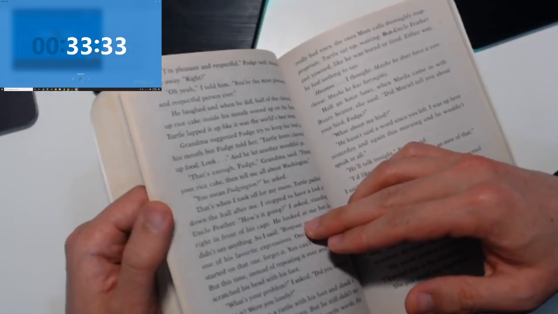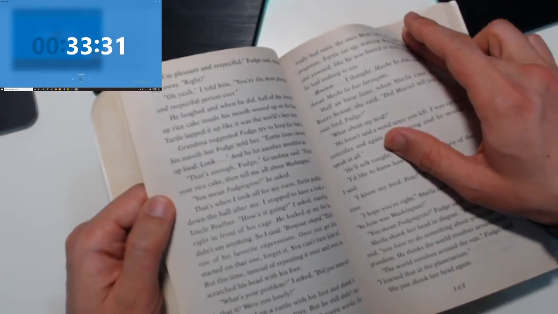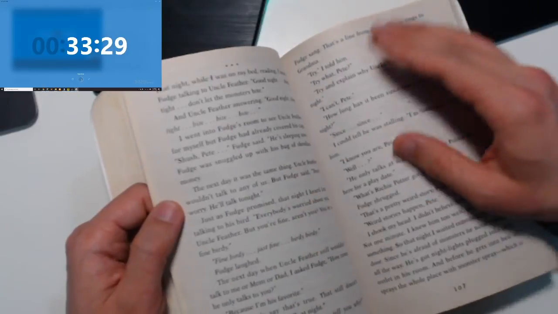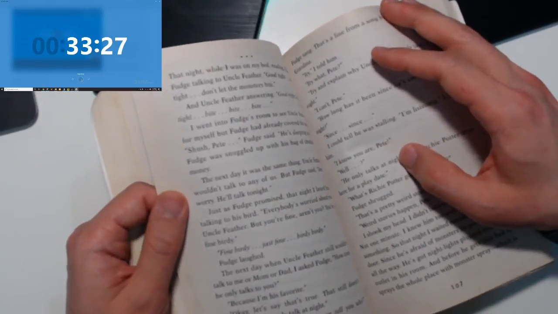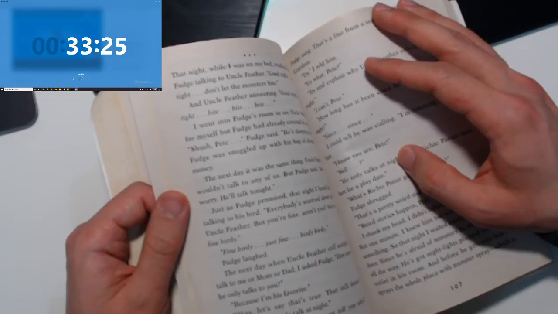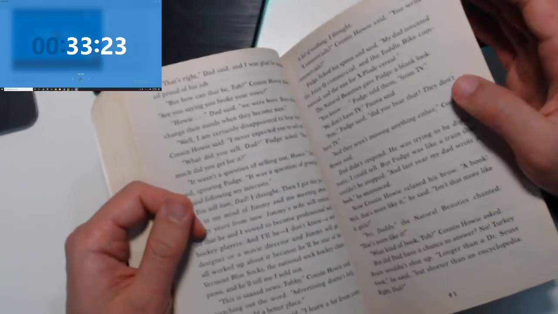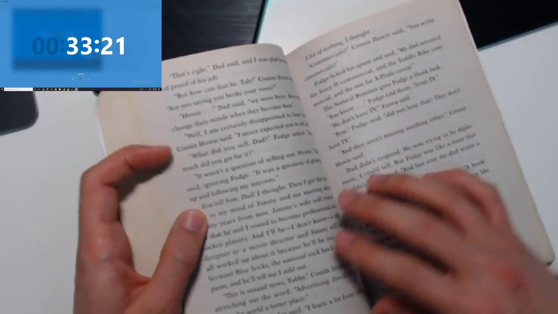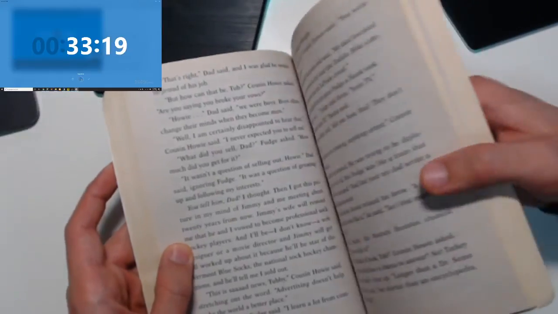Is that correct that I still need some more pages to read before 1 o'clock? Even so, it is not 30 pages yet. That's funny.